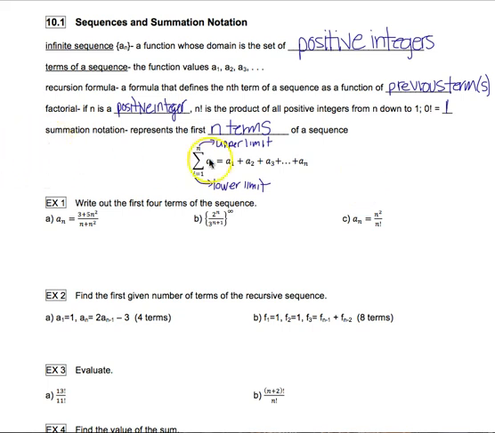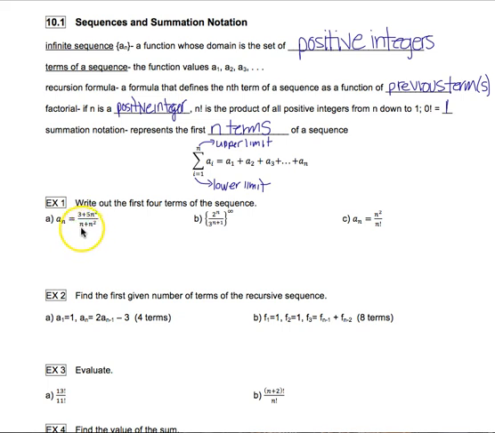All right, so looking at some examples here, example 1, write out the first 4 terms of the sequence. So here we're given an actual rule, and the first 4 terms, remember, on a sequence, the domain is the set of positive integers. So we would always start with 1 on the sequence.